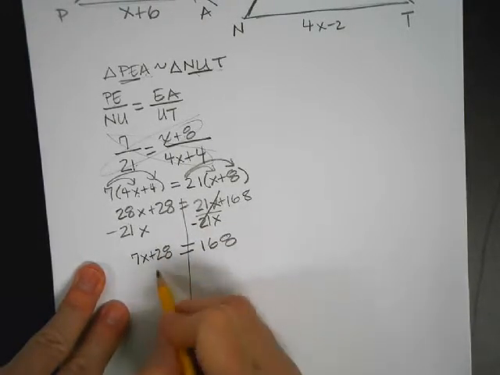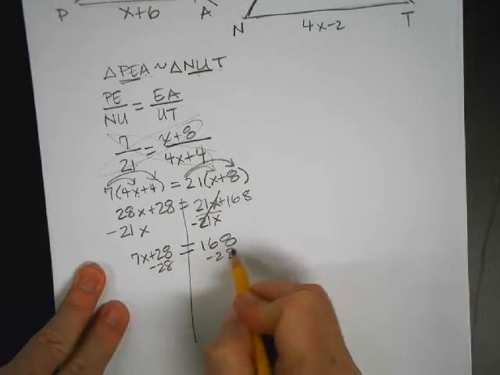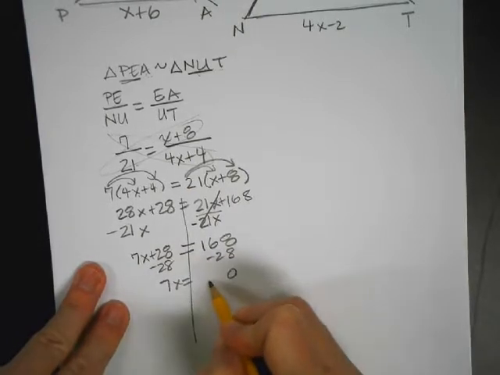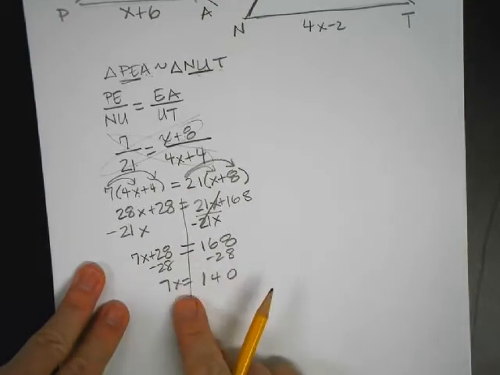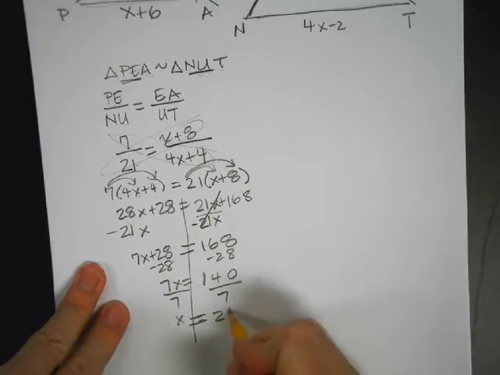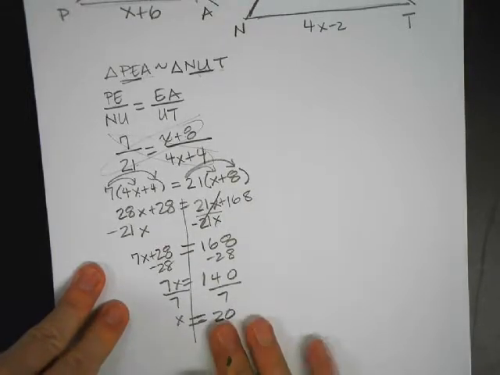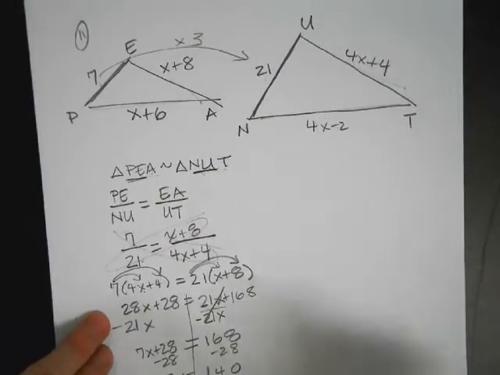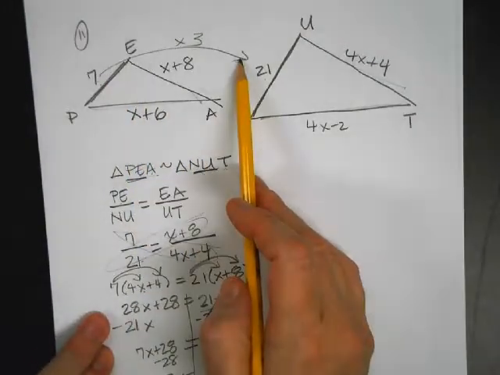Subtract 28 from each side. And then divide both sides by 7. So x is 20.